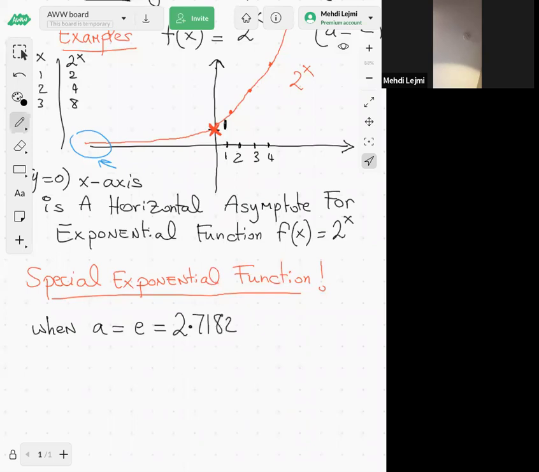So the exponential function with base e, f of x equal to e to the x.